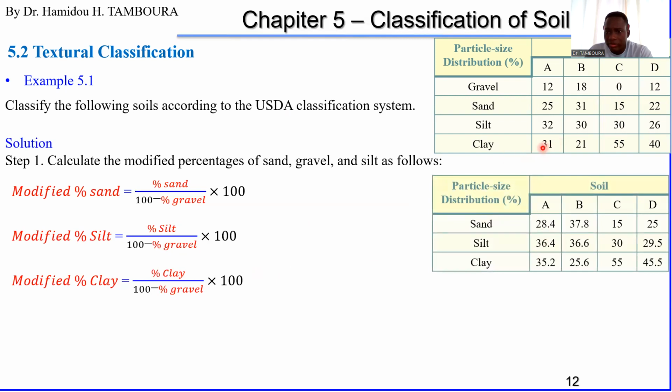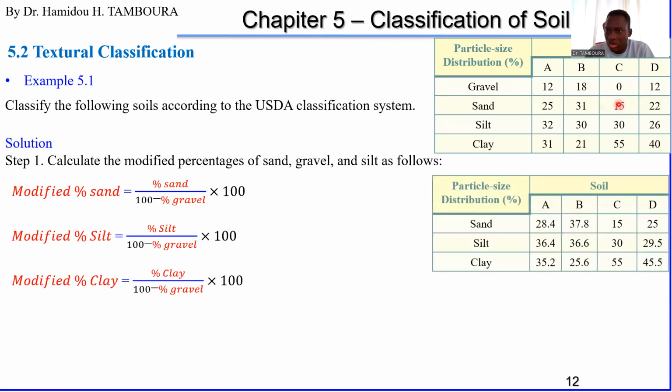Clay was 31, now is 35.2. Okay. So soil B, here, no more gravel, okay? 31 became 37.8 and silt 36.6, clay 25.6.